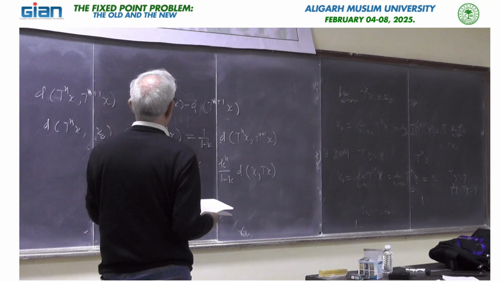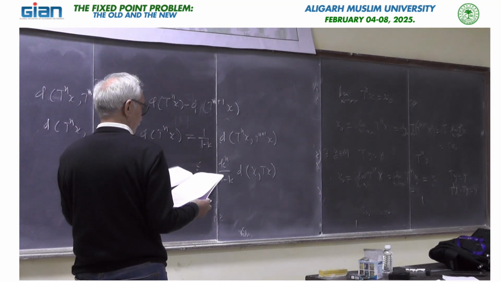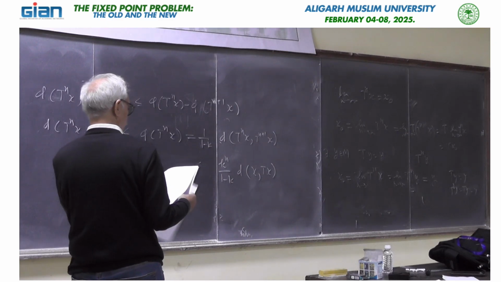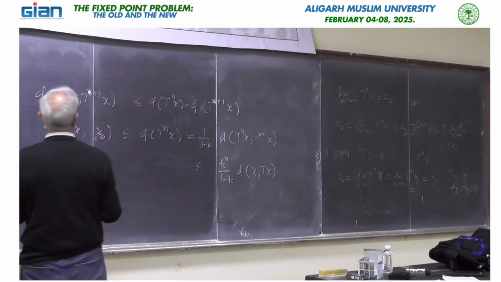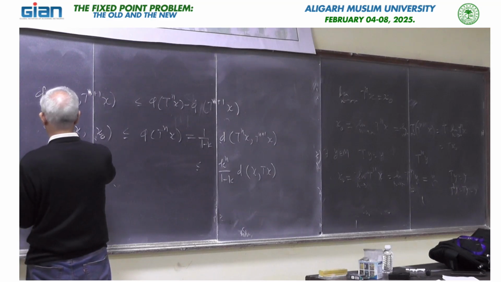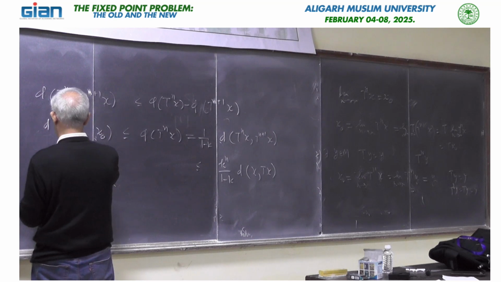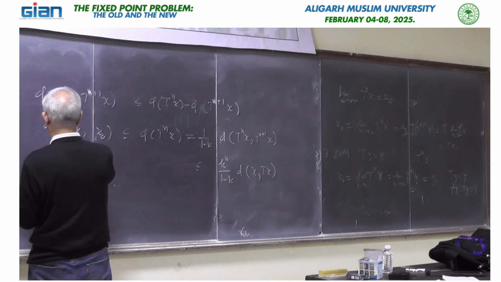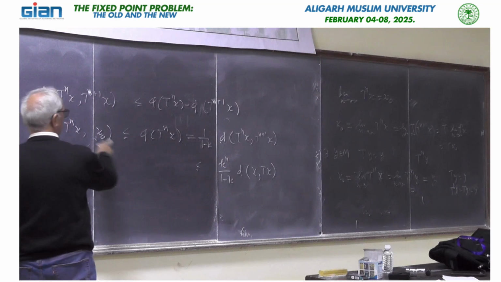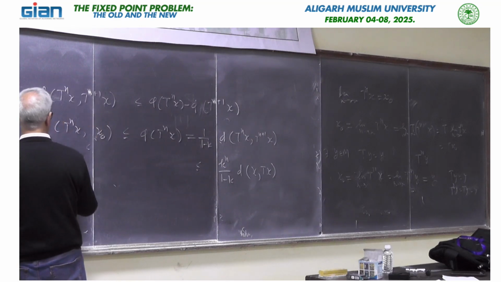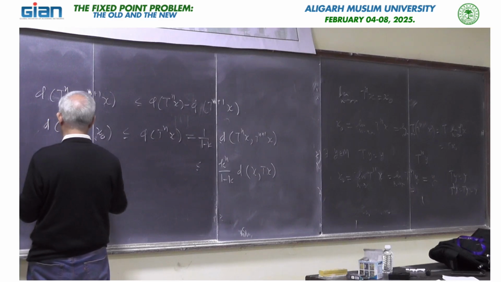And then there were other parts, so let us recall what those were. Now if you replace this by Tn plus 1, then you have, or let us say the last one which we wanted to show, d of Tn plus 1 x, x0, which is more important than this one.